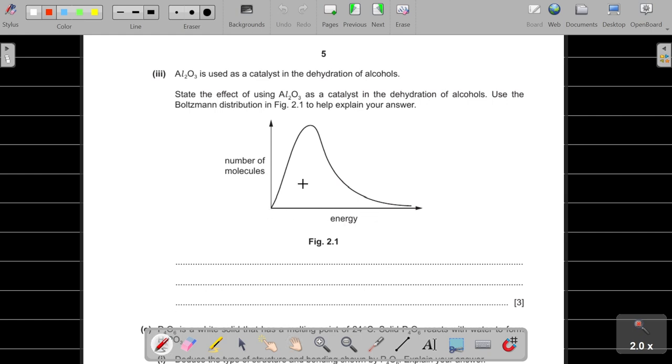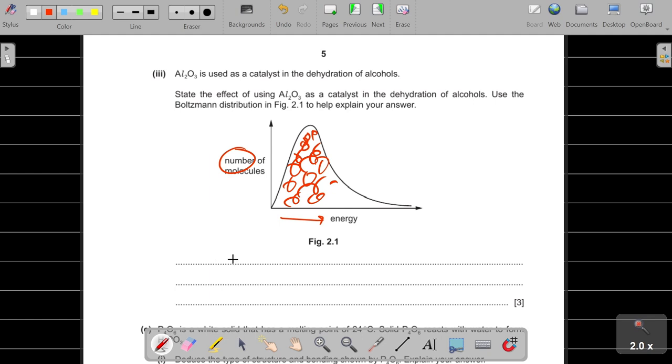These molecules are great in number, very high in number, but they are not making any product, okay?